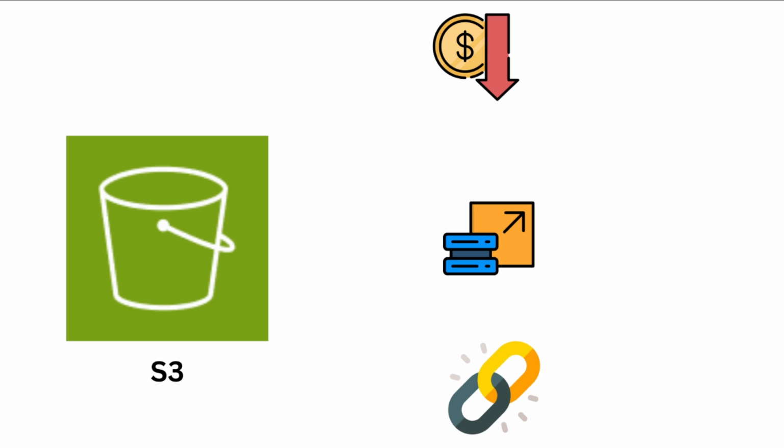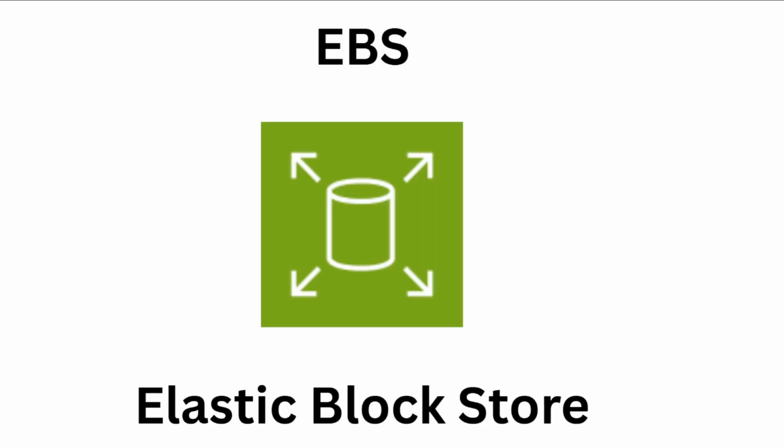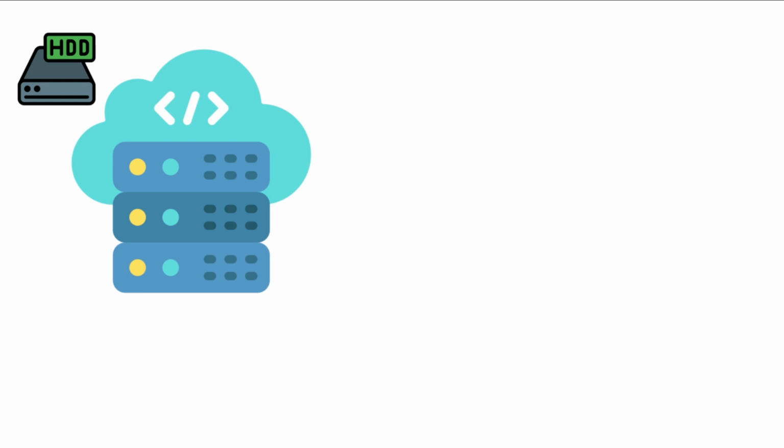The next one is EBS, or Elastic Block Store. This is your hard drive in the cloud, connected to an EC2 server.